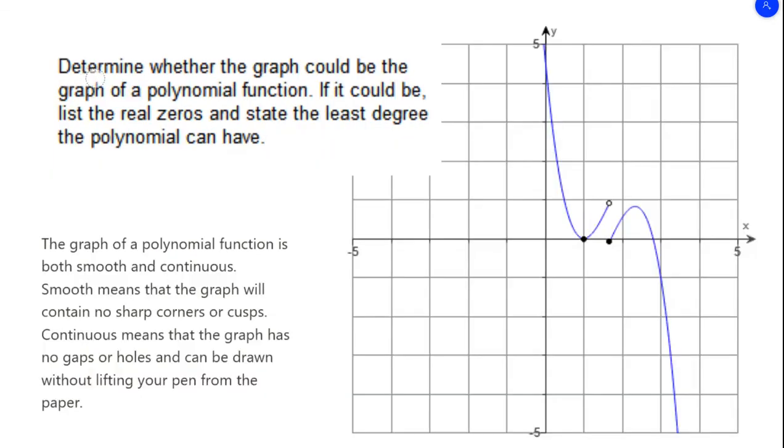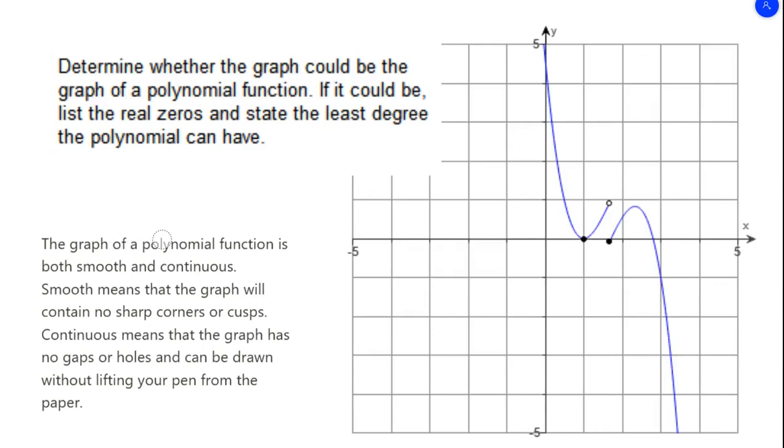On this question, we want to determine whether the graph on the right could be the graph of a polynomial function. If it could be, we want to list the real zeros and state the least degree the polynomial can have. So in order to determine whether this graph could be the graph of a polynomial, we need to know what the graph of a polynomial looks like.